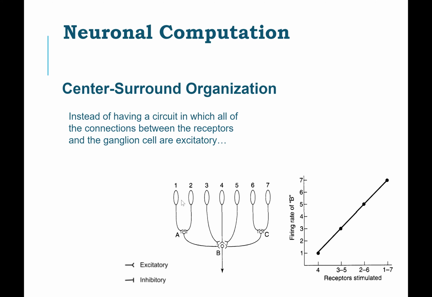If I have a pattern of light that lights up 1, 2, 3, 6, 7, versus a pattern of light that lights up 1, 2, 4, 6, 7, would B respond differently to those patterns?